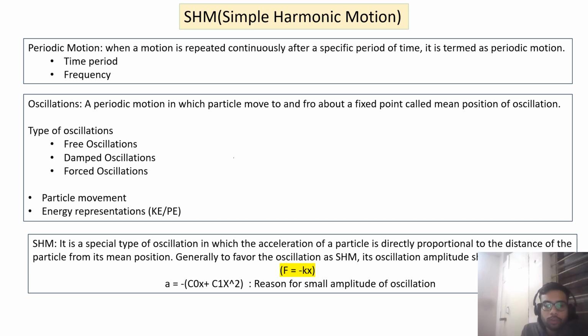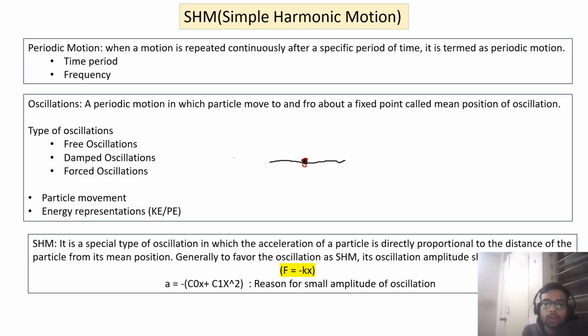I would like to explain this topic using a few diagrams. Assume that a particle is there. Assume that this is a particle. I will choose another color.